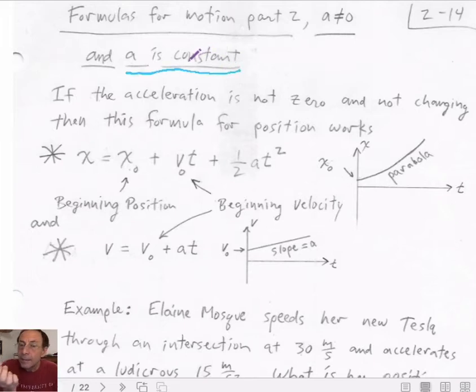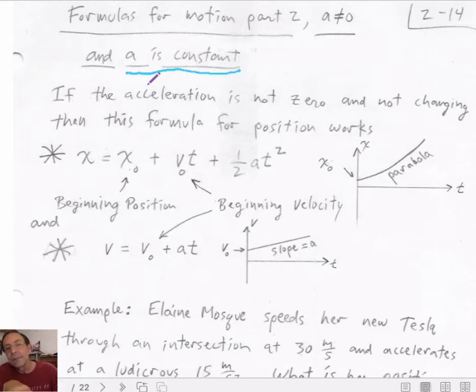So, yes, it's speeding up, but it's speeding up at a constant rate, or it's slowing down at a constant rate. So when you're doing these problems, you got to watch out. You got to make sure that if you're using these formula tools, that the acceleration is not changing. For the first few months of this class, that'll be true, okay?